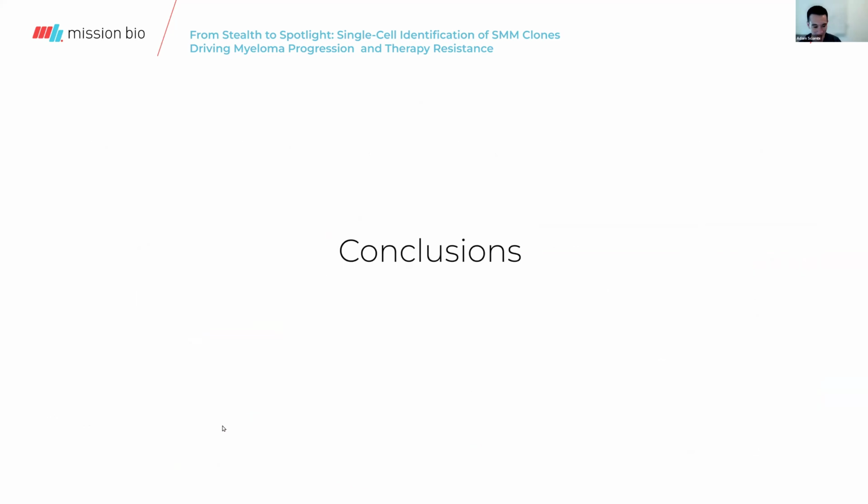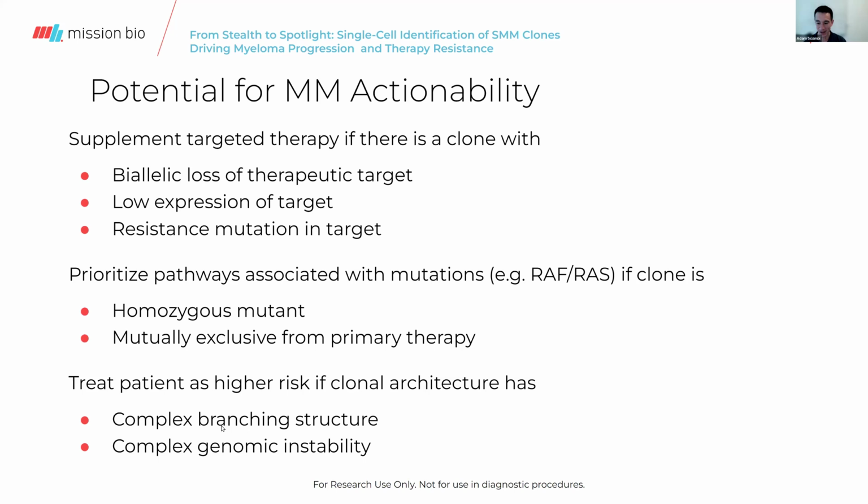I just want to leave you with some conclusions. Again, this is research use only, but hypothetically, in the future, trying to think of what are some actions one could take from the data supplied by our assay. First, you might want to supplement a particular therapeutic target.